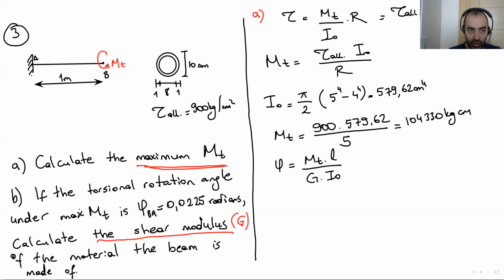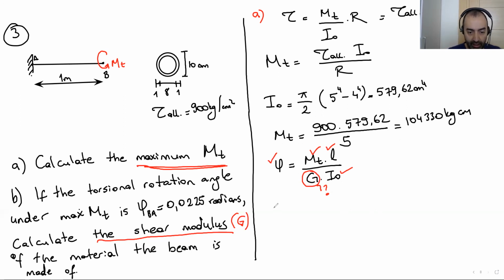Now, what is the question? We know this one, this one, this. This is the question. We are looking for this G of the material. It's easy. We're gonna write all these numbers here, the equation.